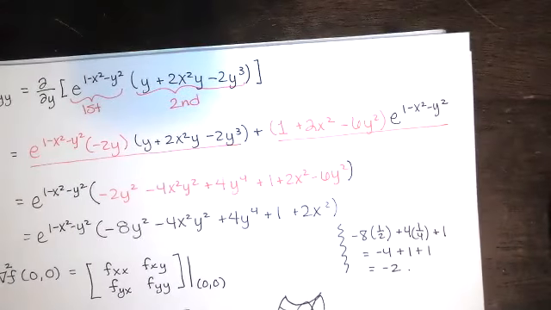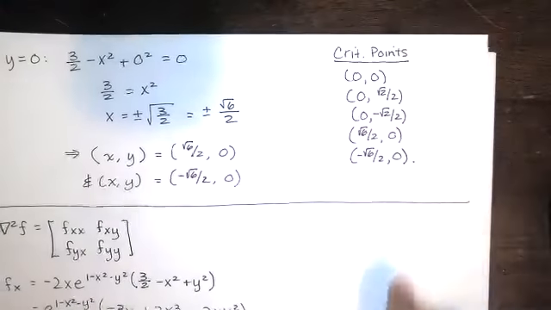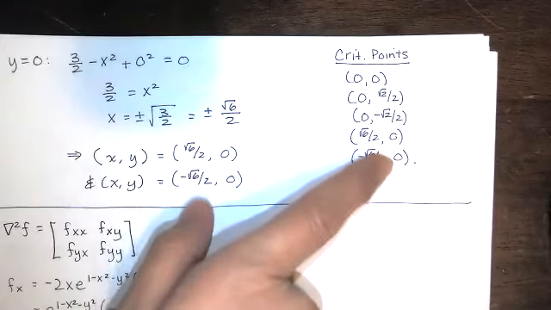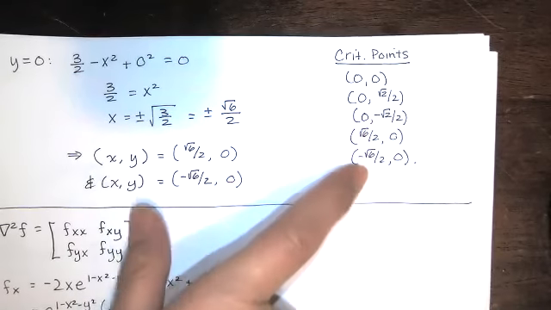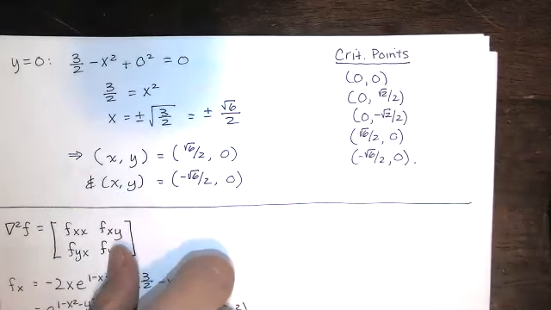Now let's look at the last two guys. We're going to be able to handle those in pretty much the same way that we handled these two. We've got zeros for the y's this time, and we've got x's that come in pairs like this. X equals plus or minus square root of 6 over 2.